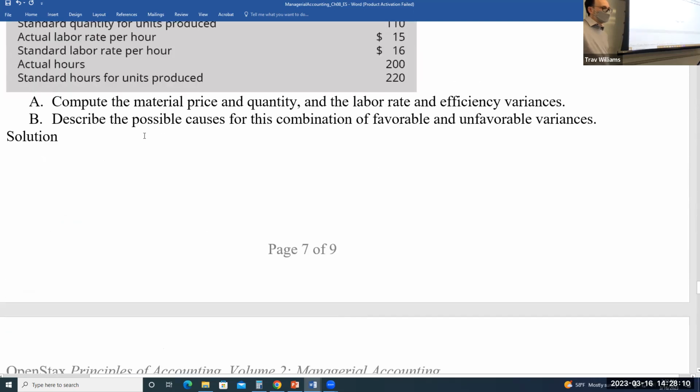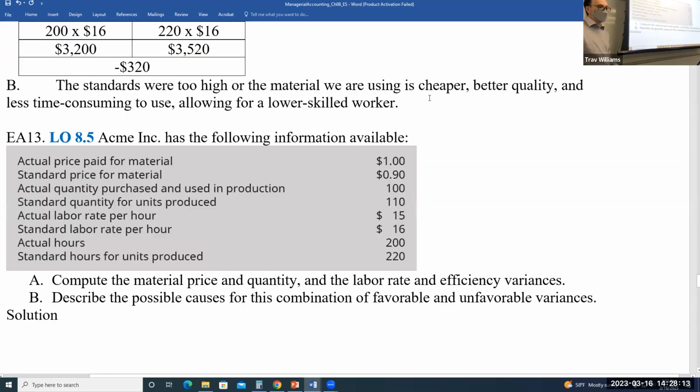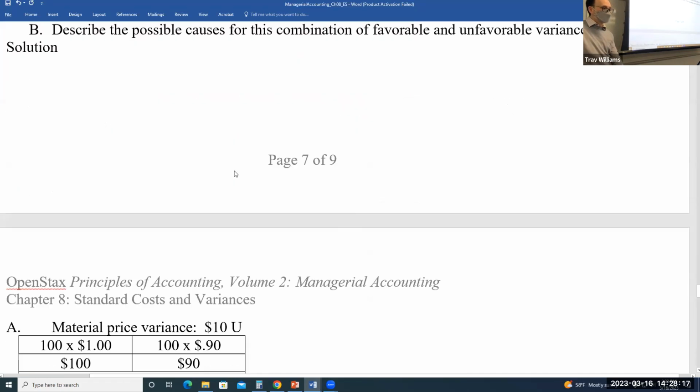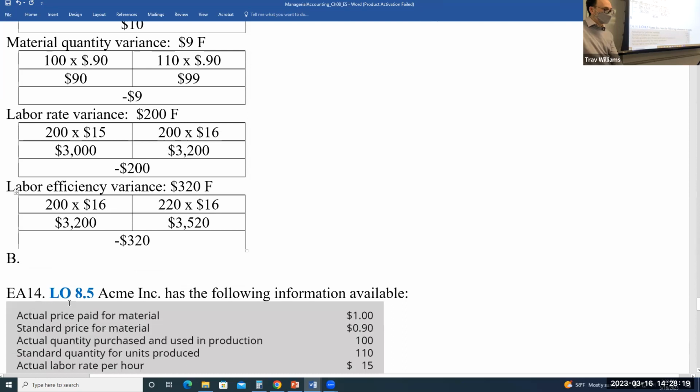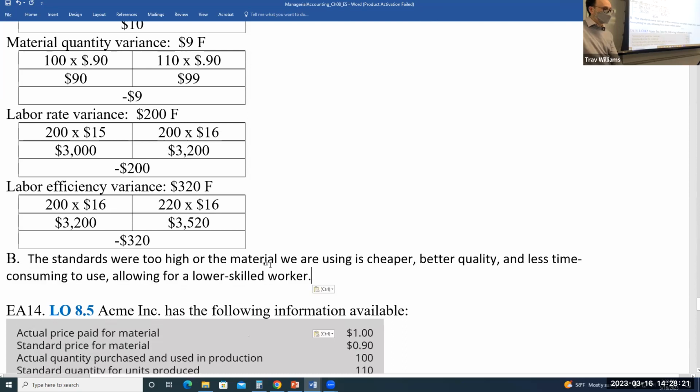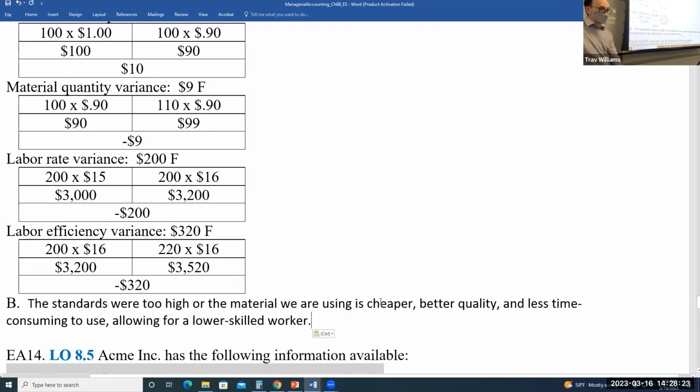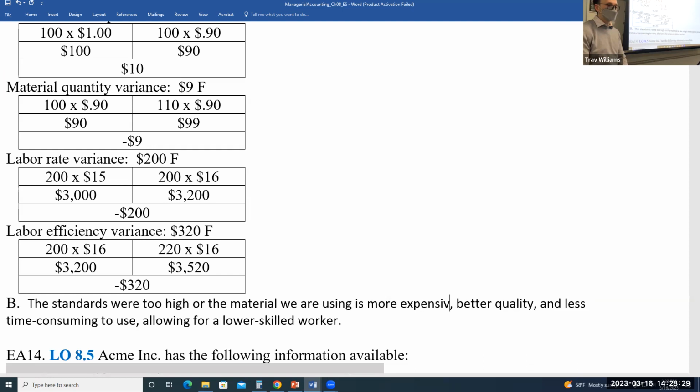I'm just going to copy down the same thing, and I'm going to take out the word cheaper. I'll just replace it with more expensive.